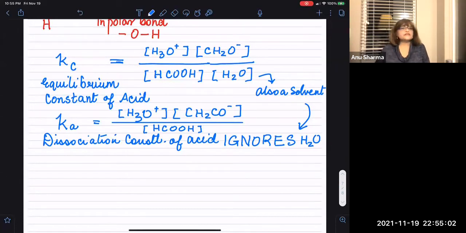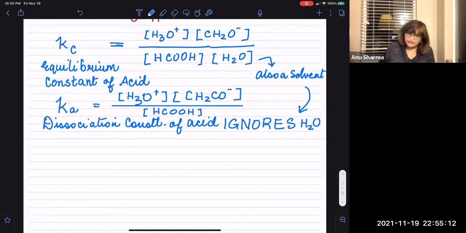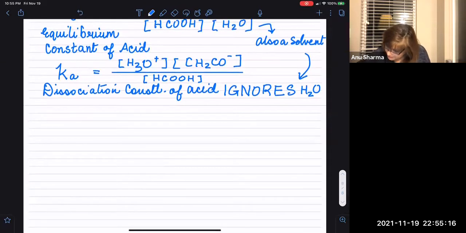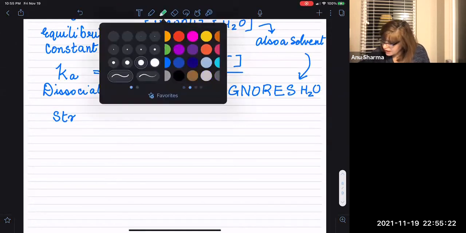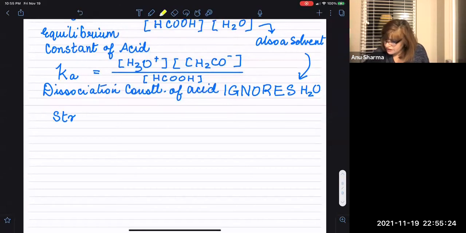Okay, so this is the dissociation constant of acid, Ka. Now, Ka has values. Just keep this in mind, because we are directly measuring the hydronium ions now. Acid, hydronium ions, and then of course the anion, whatever the acid is.